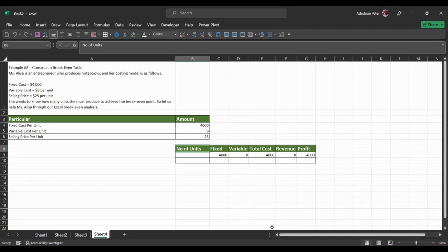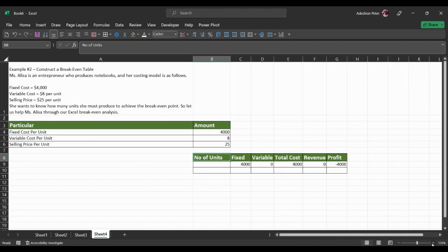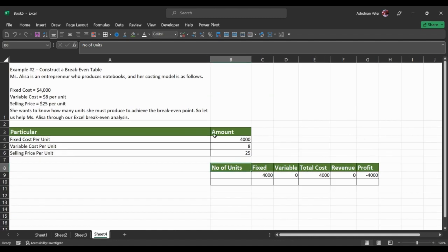Hello, guys. In this example two, we're going to be looking at how to construct a break-even analysis in an Excel table. So this example is saying that Mrs. Alisa is an entrepreneur who produces notebooks, and her costing model is as follows.